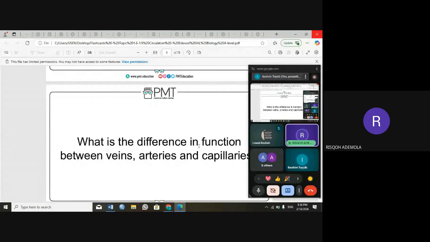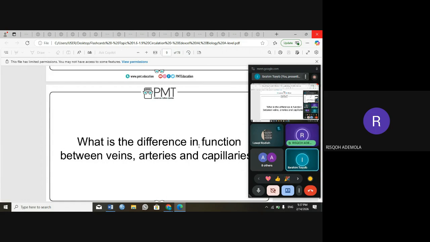I want to say the difference in function between the three. First of all, arteries carry blood away from the heart to the body, and that blood is usually oxygenated blood, except in the pulmonary artery. And veins carry blood back to the heart, but it will be deoxygenated blood, except in the pulmonary vein.